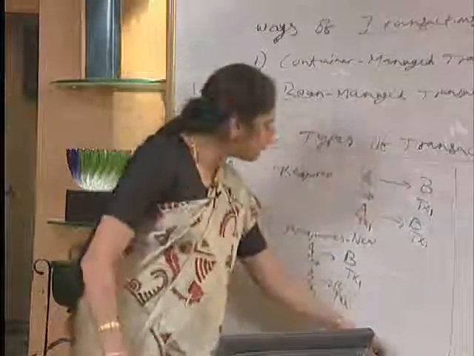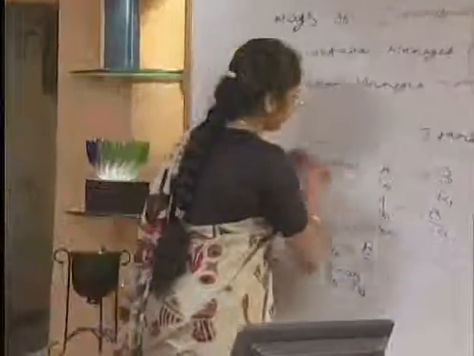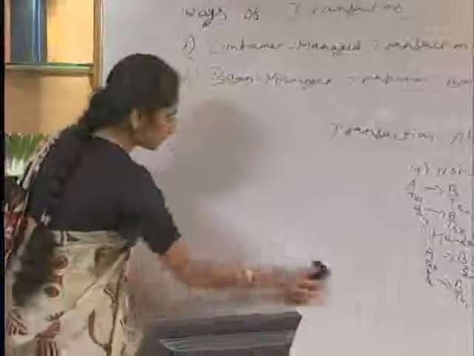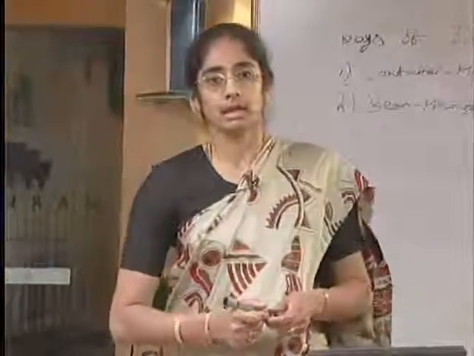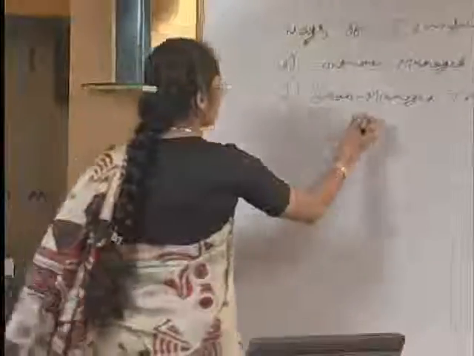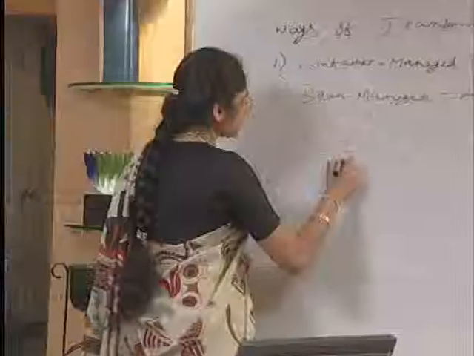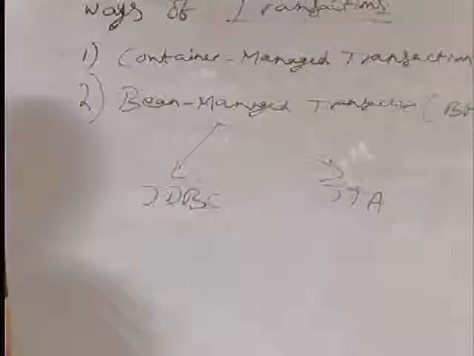Now let us look at the programmatic method of handling transactions, that is BMT. There are two ways of handling transactions programmatically, that is, one, using JDBC, two, using JTA, Java Transaction API.